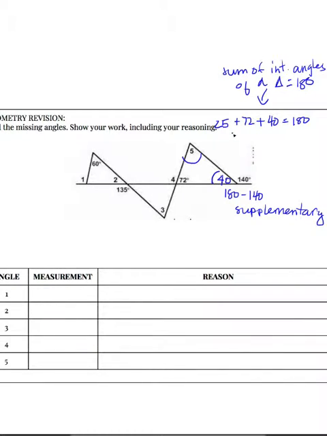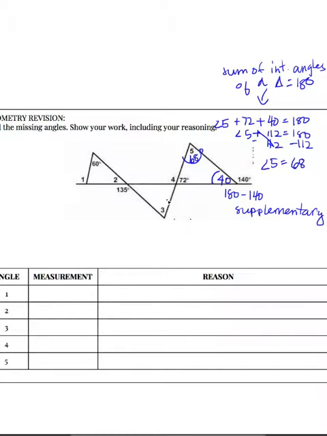So this would be angle 5 plus 112 equals 180, minus 112, minus 112. Angle 5 is equal to 68. Okay, so this is 68 degrees.